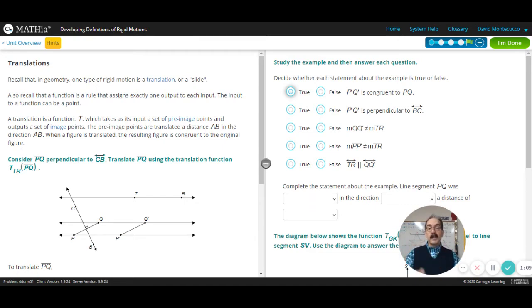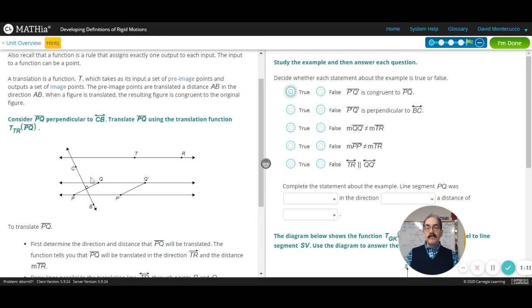for translate. Consider PQ. PQ is perpendicular to CB. Translate PQ using the translation function, translate from TR to PQ.